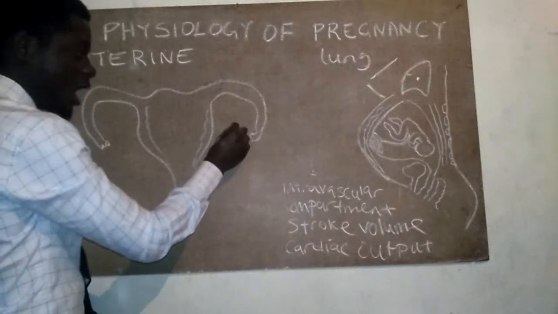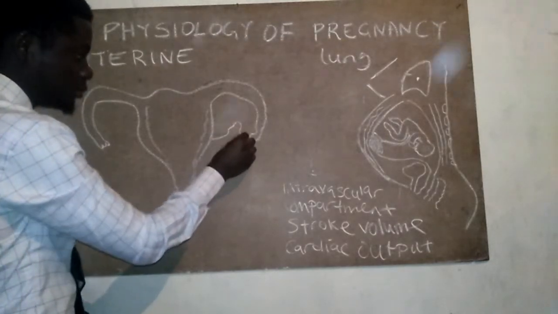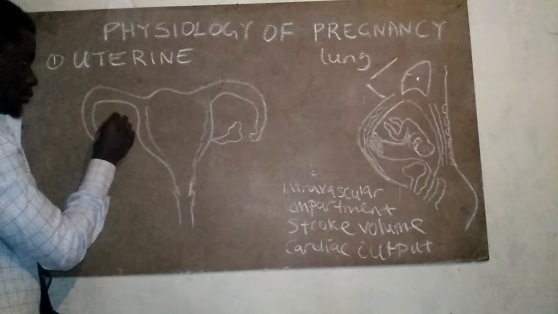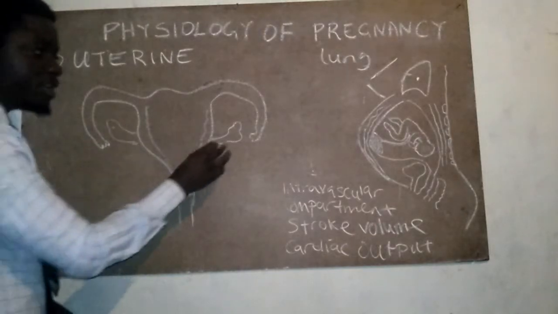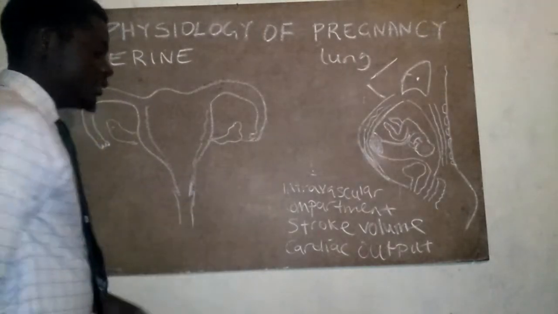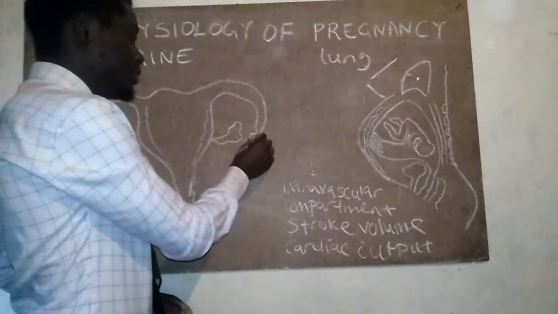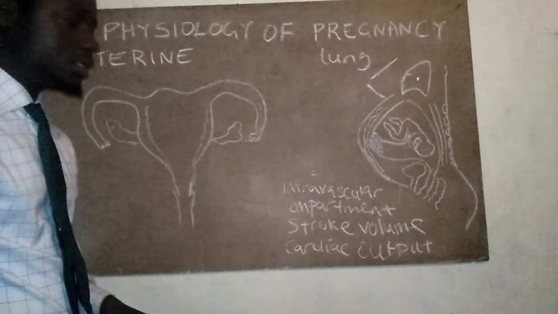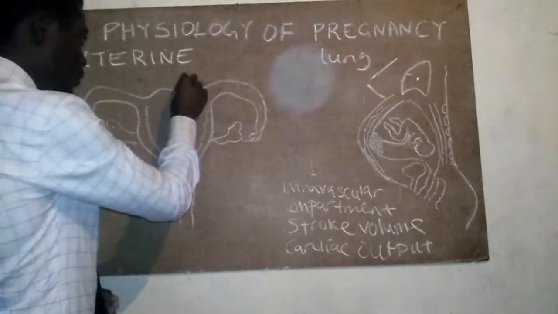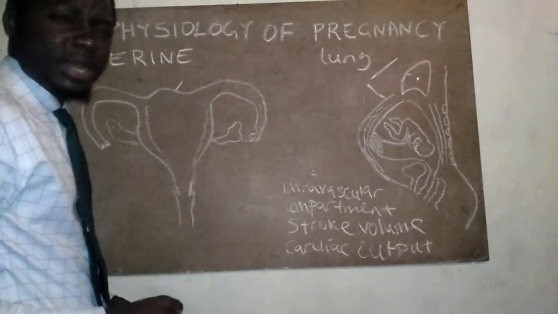Of course, we know that we have the ovaries here, and the ovum is going to be released via the fimbriae, and then it's going to go down the fallopian tubes. And we know that the uterus is made up of three parts.